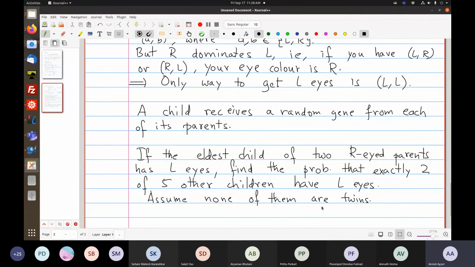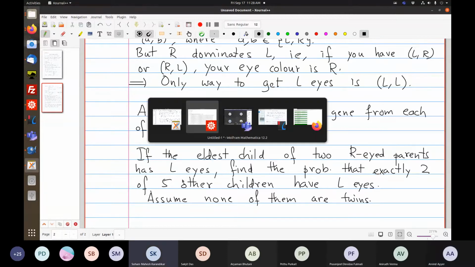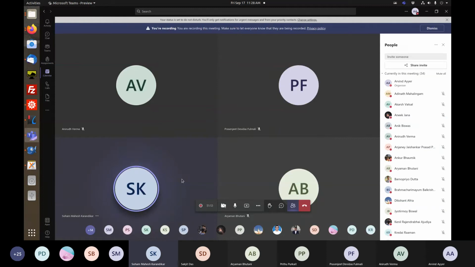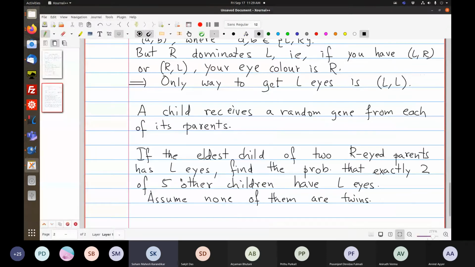What is the first inference? What can you infer from the first clause? Each parent has one L gene, because the only way that the child can have L eyes is to have two L genes, and that is possible only if each parent has at least one L gene.